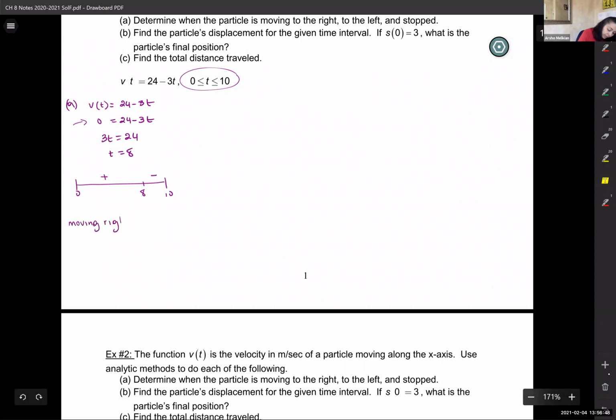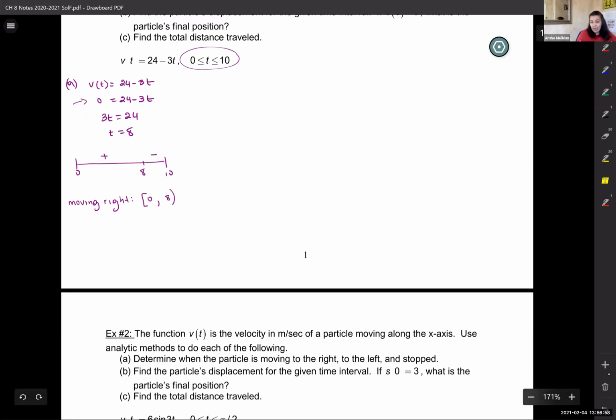When the velocity is positive, and that's from 0 to 8. Now, I include 0, but I can't include 8 because it stopped at 8. The particle is moving to the left from 8 to 10, including 10. And the particle has stopped at t equals 8. Okay? Questions?